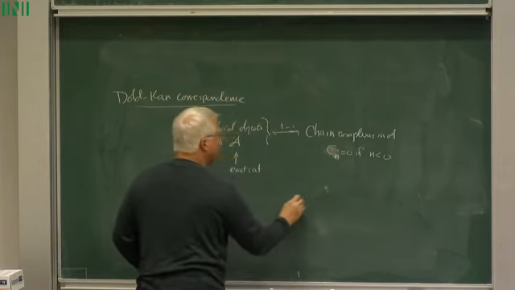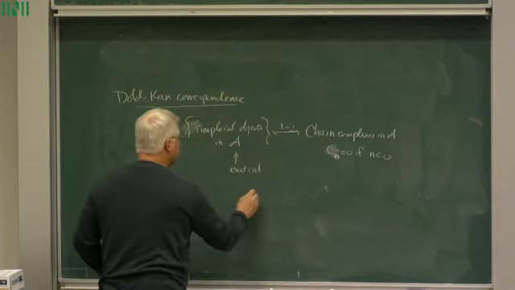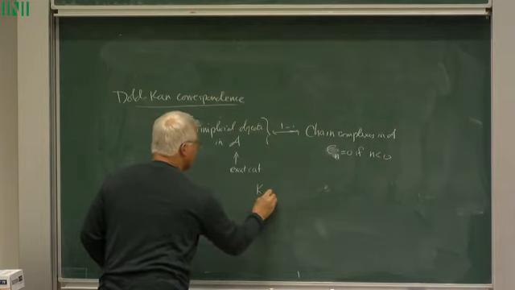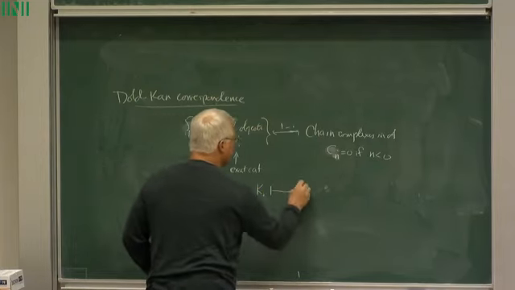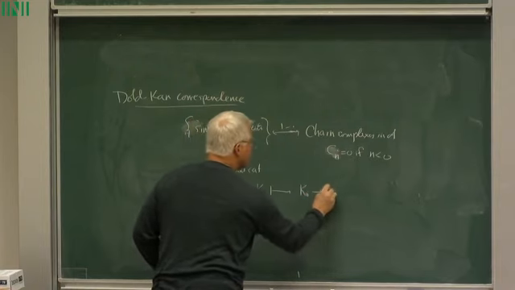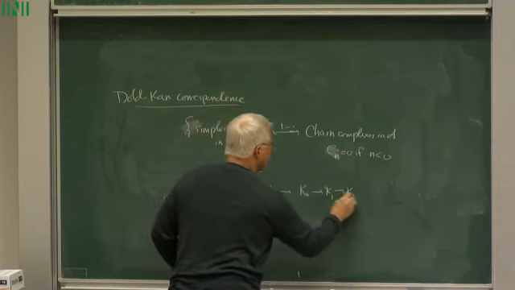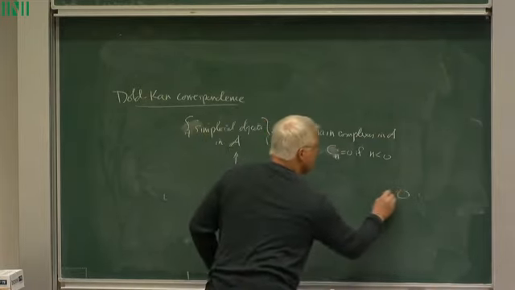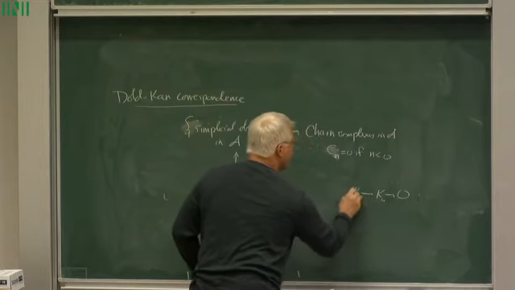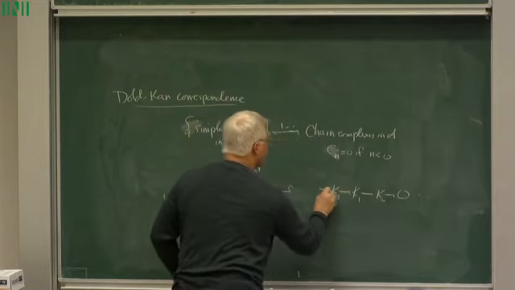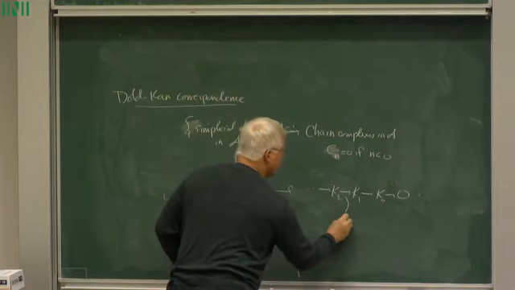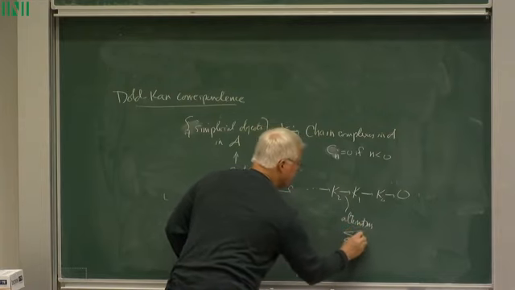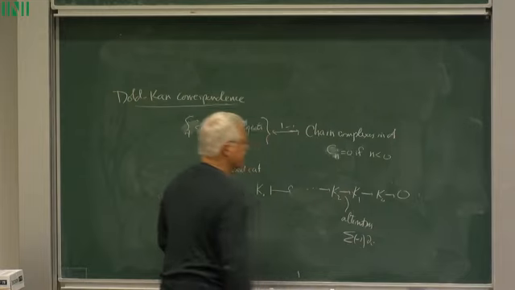And roughly speaking, what happens is that if you take a simplicial object, let's say k dot, then what you're going to get is 0, k0, k1, k2, etc. And this is the alternating sum, where you take the sum of the (-1) to the i of the del i's.